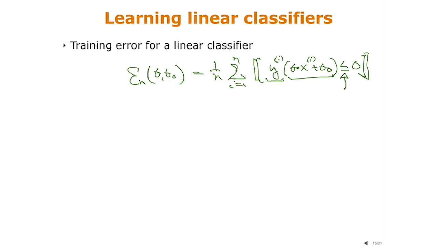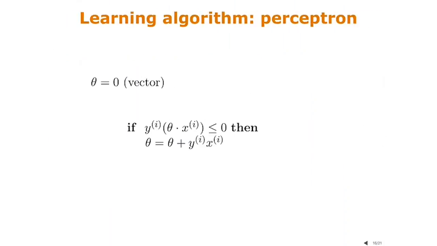We can now turn to the problem of actually finding a linear classifier that agrees with the training examples to the extent possible. To this end, we're going to progressively define a learning algorithm, the perceptron algorithm, that takes in a training set and finds, initially, only a parameter vector theta, so a linear classifier through origin, that hopefully correctly classifies all the training examples.